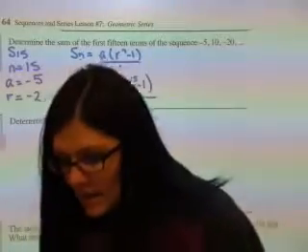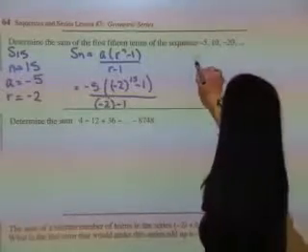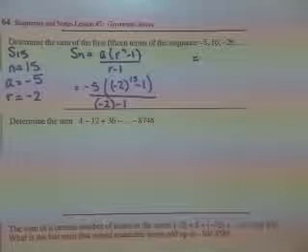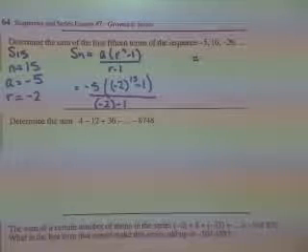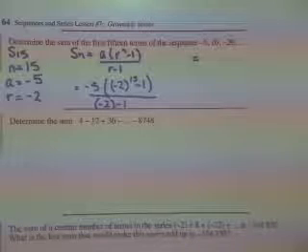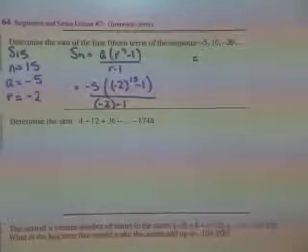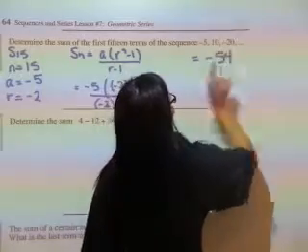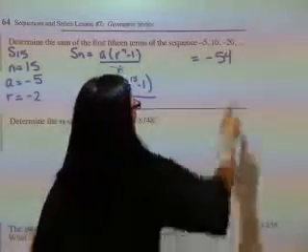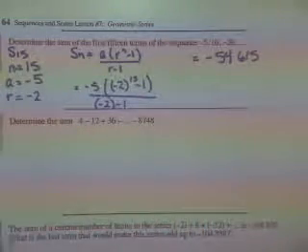I'll let you calculate that and tell me what you get for an answer. Yep. So -54,615 would be the sum of those first 15 terms.